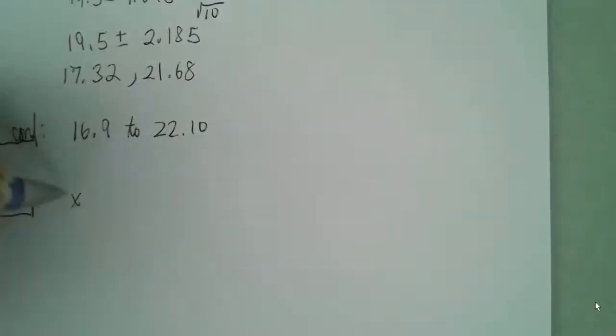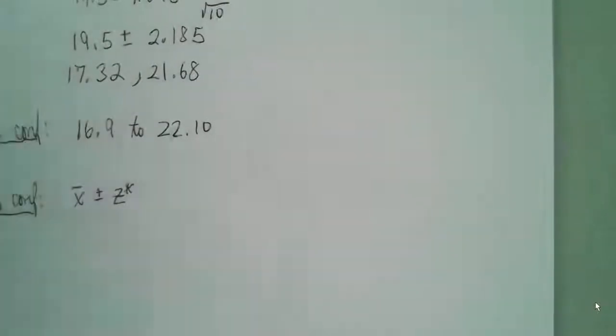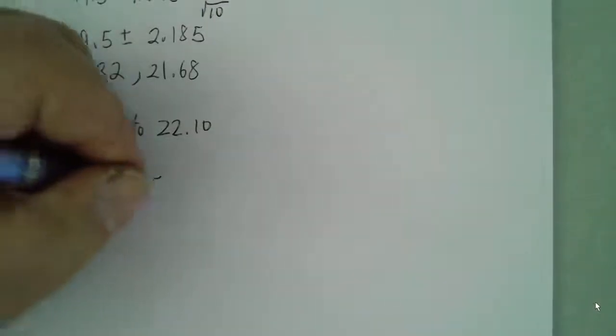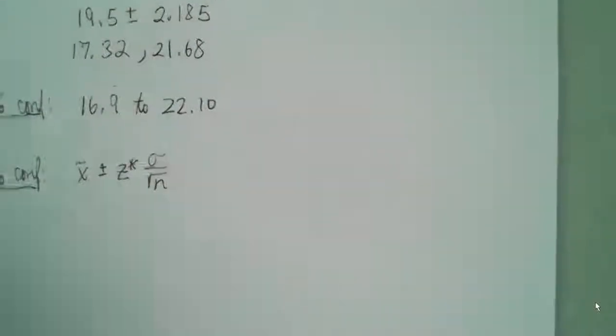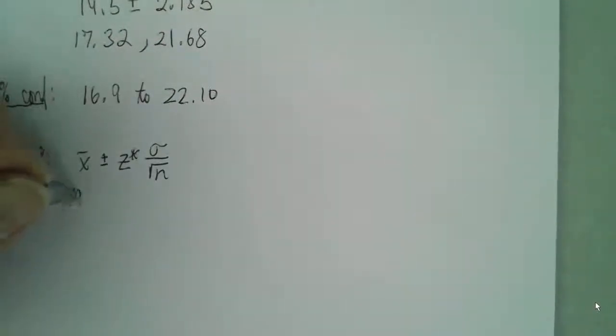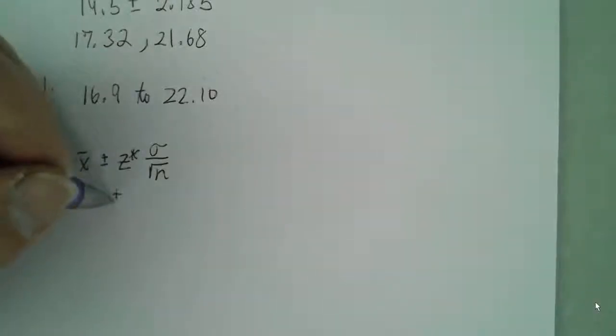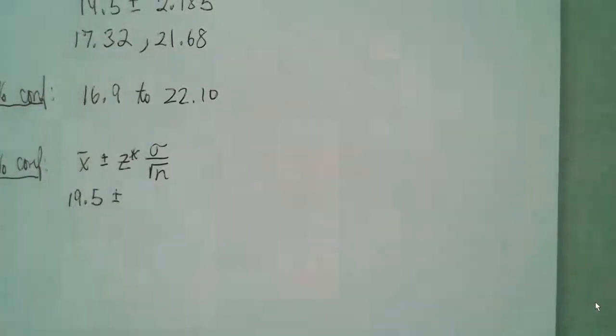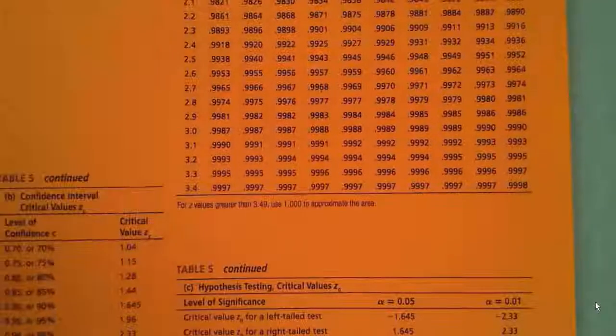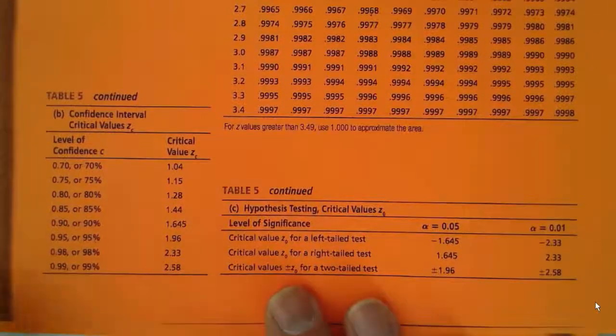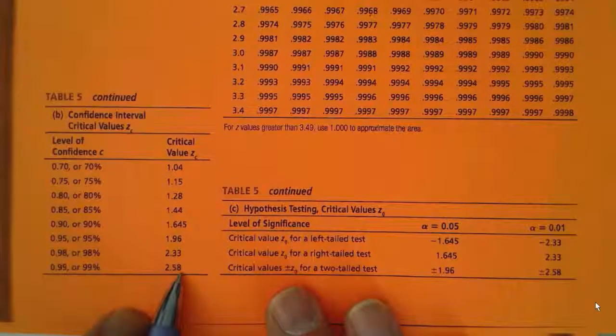It's always x bar plus or minus the Z critical value times sigma over root n. X bar, the mean of the sample, was 19.5. We call that a point estimate. The critical value we'll get from our table. We're now interested in 99% confidence. For 99% confidence, 2.58 is the critical value.